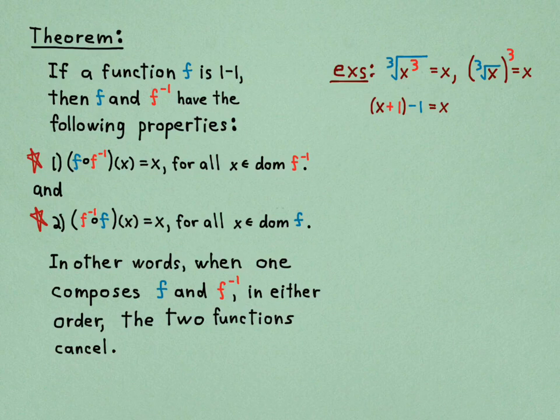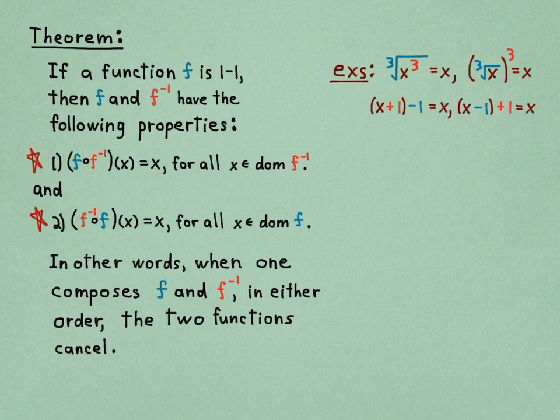So the inside function would be like f of x equals x plus 1. The outside function would be f inverse of x equals x minus 1. Remember, the stuff that you're subtracting 1 from is always going to be x in the inverse function in this case.